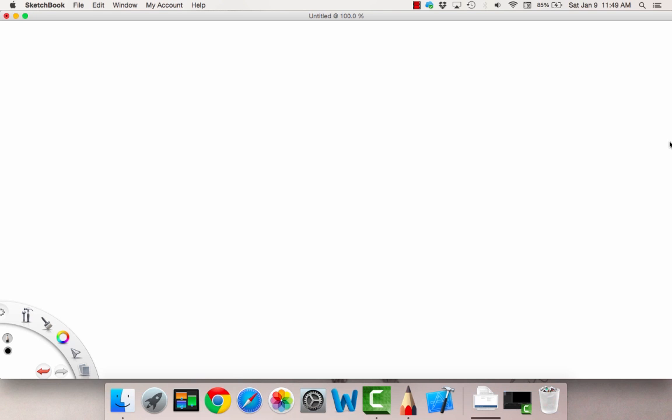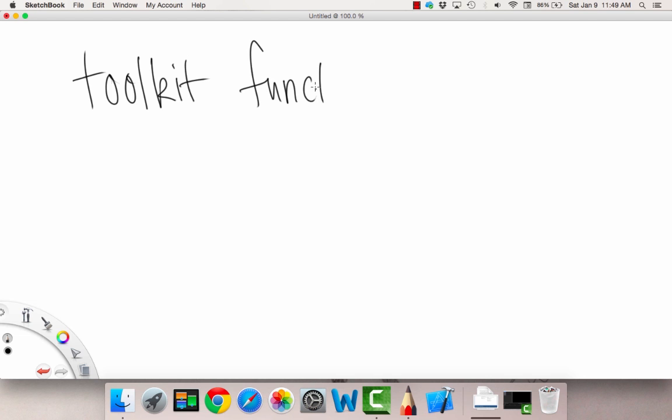Alrighty, one last note is that at the end of this section, there's a list, or a chart kind of thing, of what are called toolkit functions. Basic toolkit functions, I believe the book calls them.